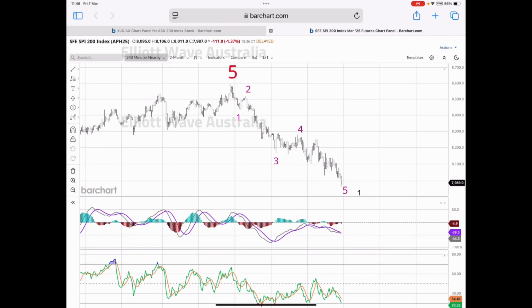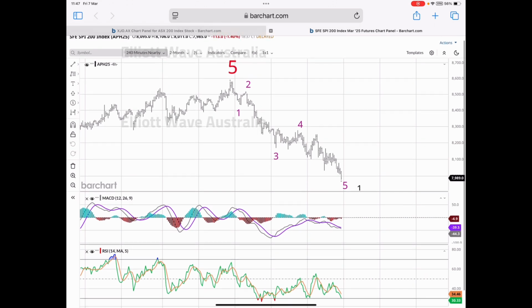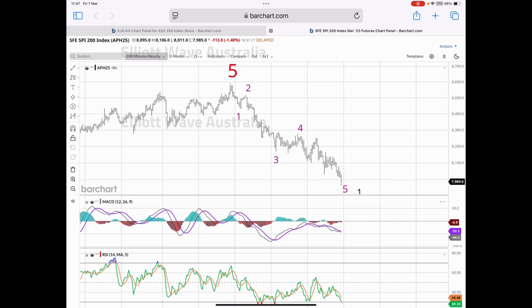So now I've gone down to a 240-minute chart on the SPI, and this is the way I'm counting things at the moment off the February 13th high. There we go. A telltale sign of where a wave 3 is, is the MACD or the RSI, particularly the MACD in this case, is at its lowest, so that's a telltale sign of a wave 3.